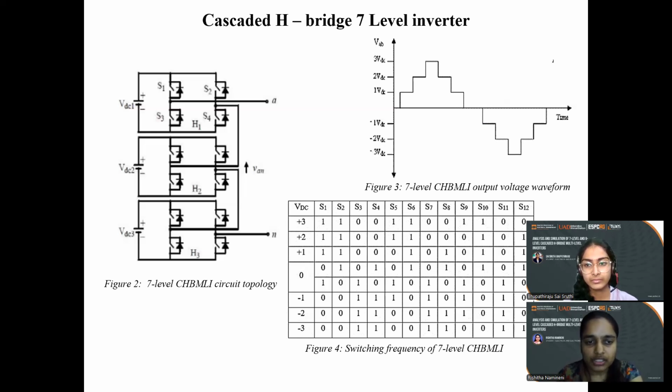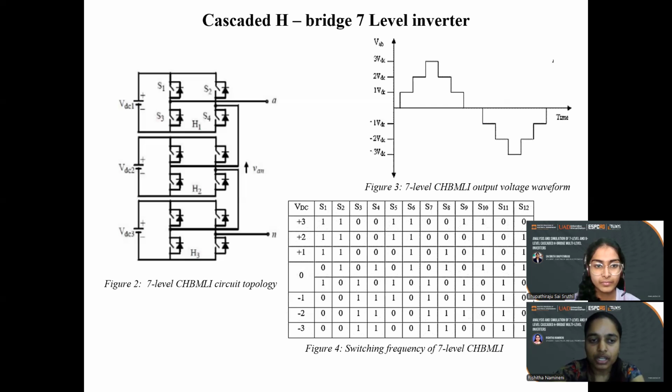The voltage levels produced in this MLI are plus 3 VDC, plus 2 VDC, plus VDC, 0, minus VDC, minus 2 VDC, and minus 3 VDC. That is, here we are getting 3 positives, 3 negatives, and 1 zero. The characteristics of the 7 level CHBMLI make it suitable for high power applications that require low harmonic distortion and better voltage control.